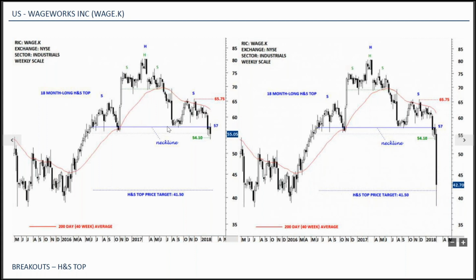So this is our first head and shoulder top signal. And then the stock finds support at the neckline and forms the right shoulder. Pay attention to the right shoulder development. The right shoulder is developing below the long-term average. So these are the perfect chart pattern setups. If this were a head and shoulder bottom, it would be above the long-term moving average. Head and shoulder top, this is below the long-term average.